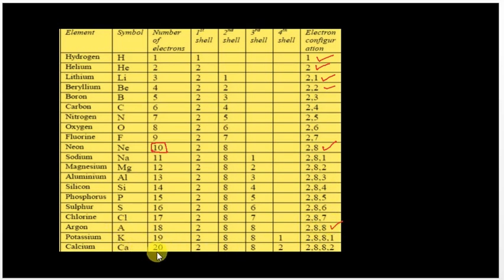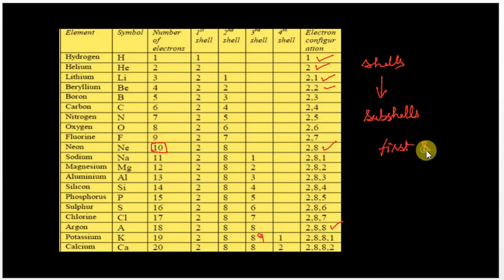And for potassium and calcium, it's going to be 2, 8, 8, 1 and 2, 8, 8, 2. I know there might be a little confusion about why it isn't 9 here, because the third shell can accommodate 18 electrons. But there's an energy rule here: the shells in which the electrons go further have subshells.